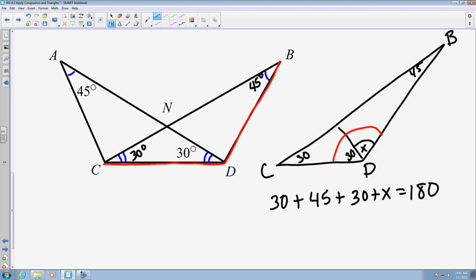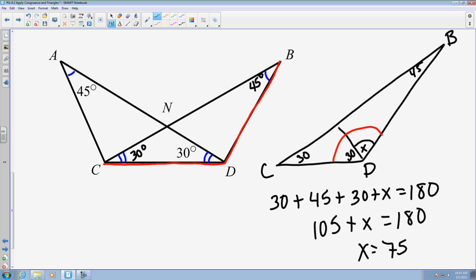So I can combine some like terms here. So I got 30 plus 45 plus 30, which gives me 105 plus x equals 180. Subtracting 180 minus 105 gives me x equals 75. But that's not what they're looking for.